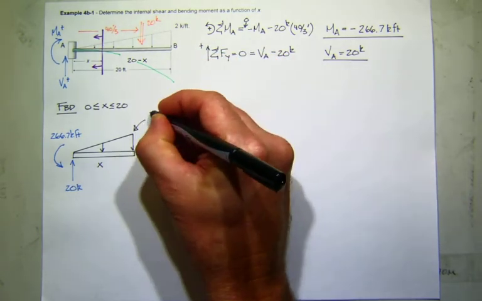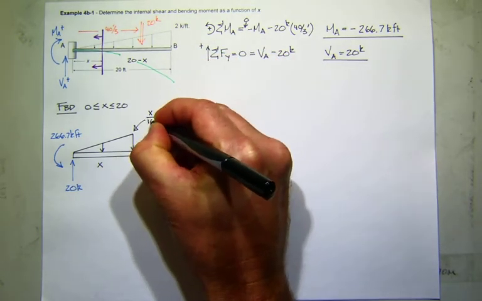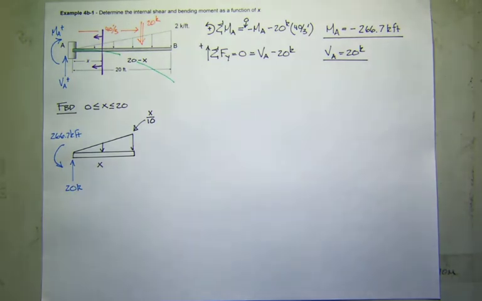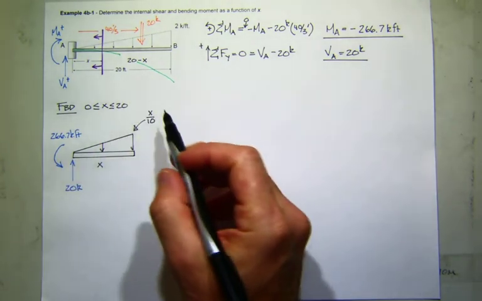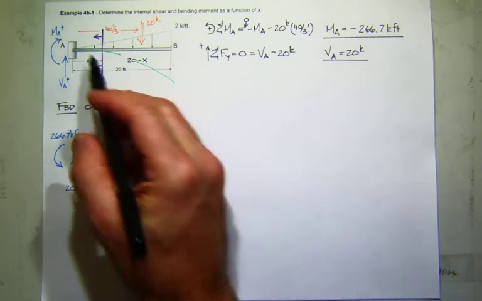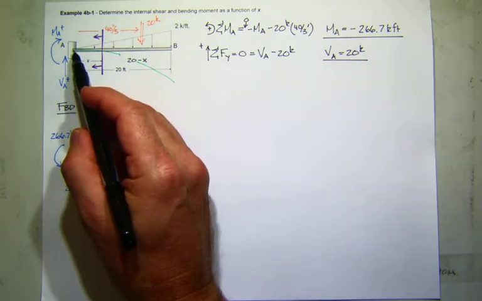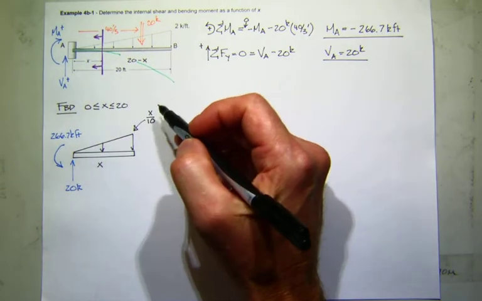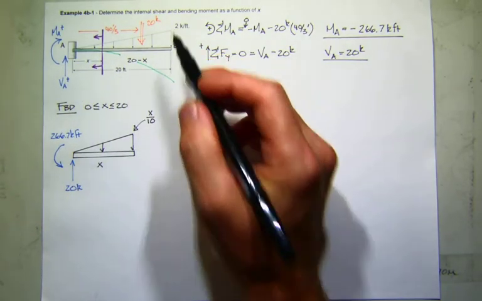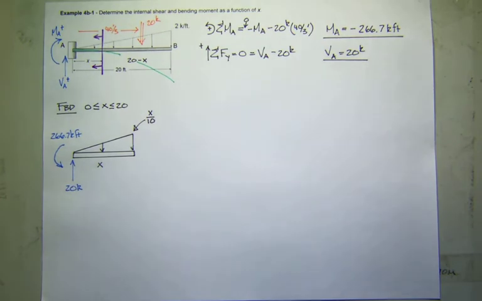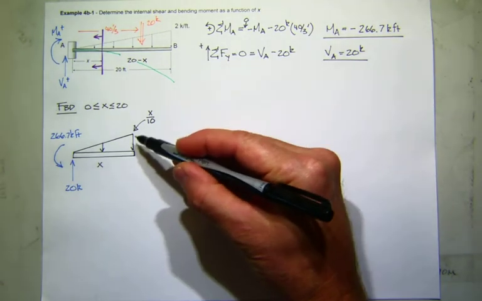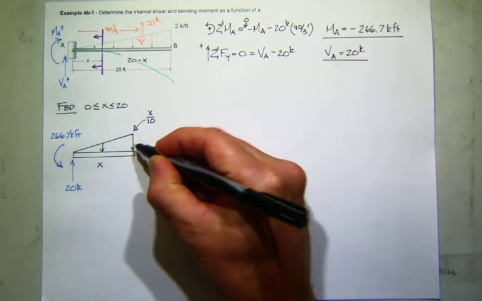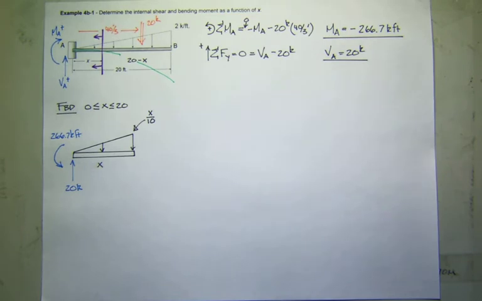So this value should be x over 10. Does it work? When x is equal to 0, what's my load? 0. That works, right? When x is equal to 20, 20 over 10 is 2. It works. A straight line only needs to have max 2 points, and you should be good. So now this tells me the intensity of this loading anywhere x. That's something new. We haven't done that before.